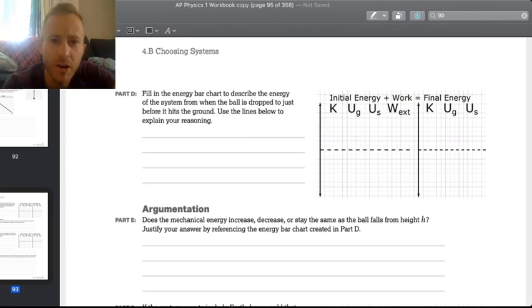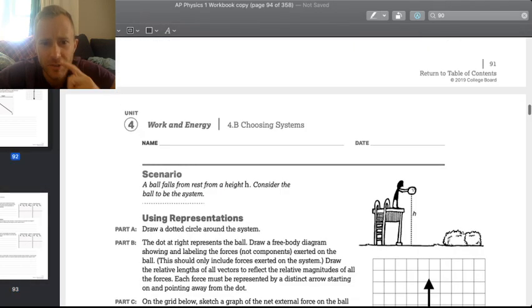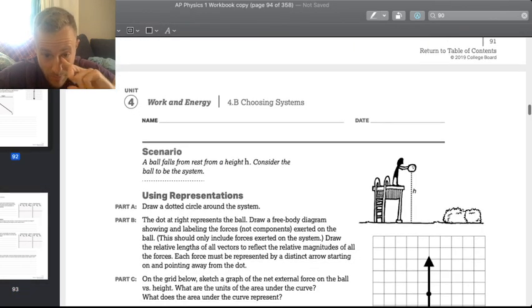Fill in the energy bar chart to describe the energy of the system from when the ball is dropped to just before it hits the ground. What is U sub G and U sub S? I'm not sure what they mean by that.